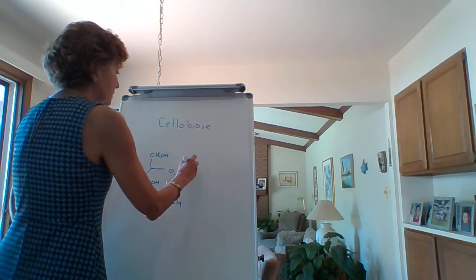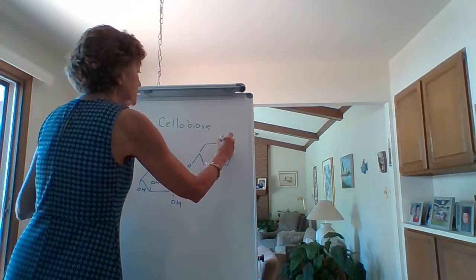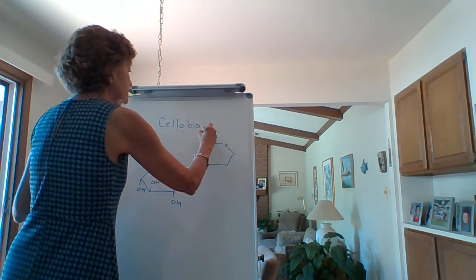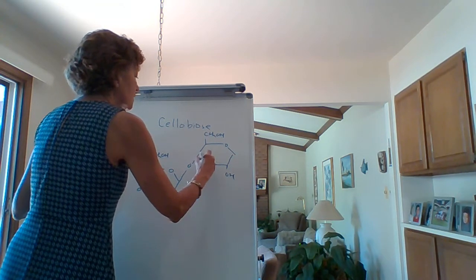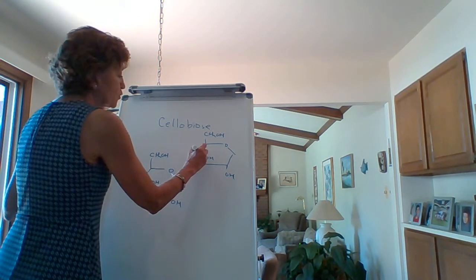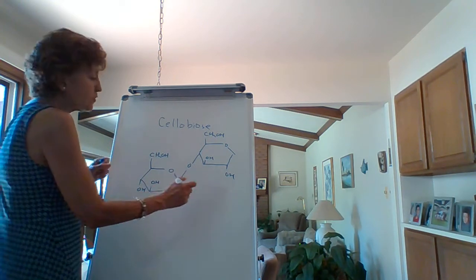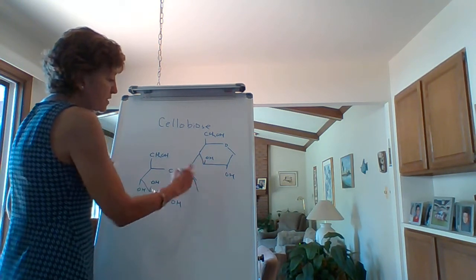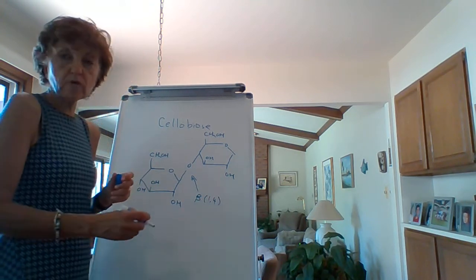So here we go. Here's the other glucose. And carbon 2, carbon 3. Carbon 4 of this glucose is hooked up with carbon 1 of this glucose. And you can recognize that this bond is also a beta 1,4 glycosidic bond.